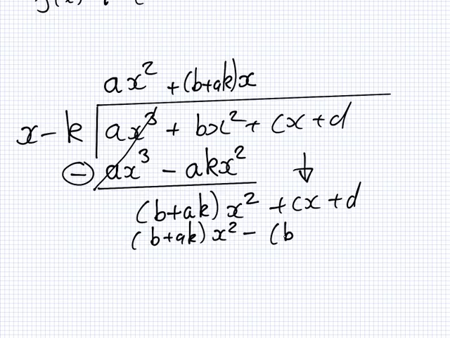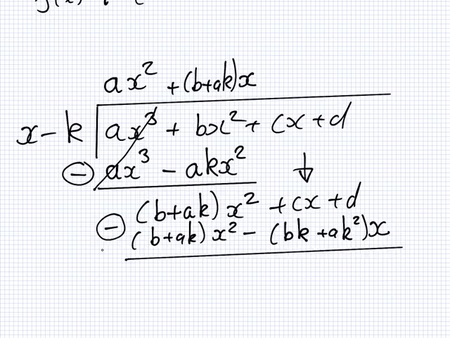So we have (bk plus ak squared)x then. And again we have to subtract. So again these cancel. Again this minus becomes a plus. And we're left with (c plus bk plus ak squared)x, and then we carry the d down.